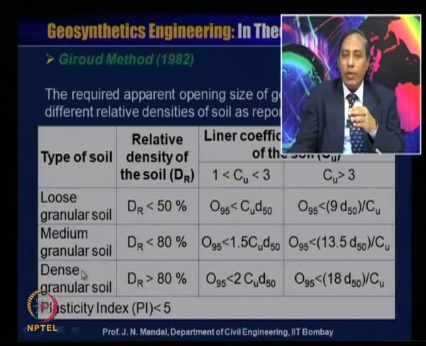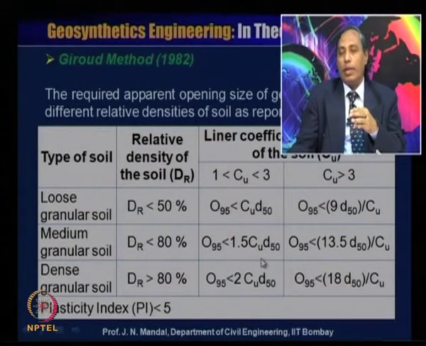If it is a dense granular soil, that means relative density greater than 80% and Cu greater than 1 and less than 3, so O95 should be less than 2 into Cu into D50. And if Cu greater than 3, so O95 should be less than 18 D50 divided by Cu. And plasticity index is lesser than 5.